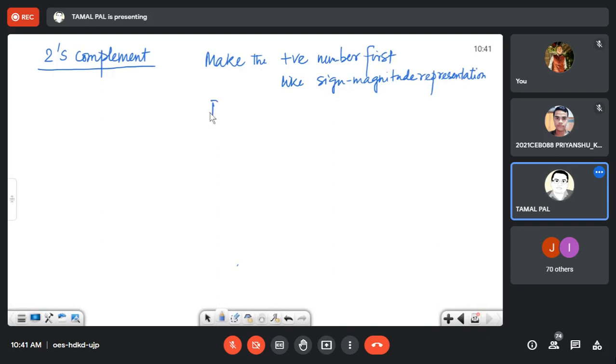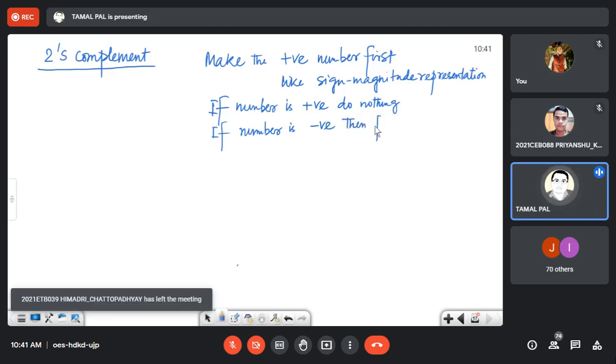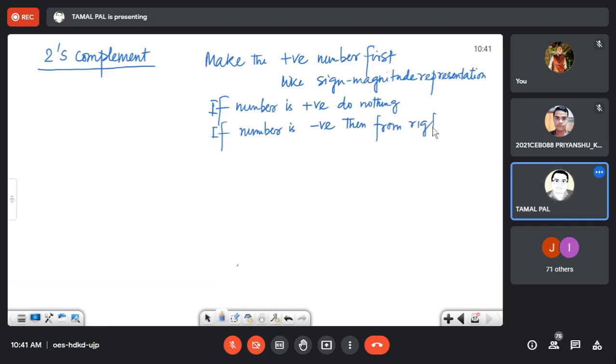If the number is positive, do nothing. Write it first. If the number is negative, then from right, actually I am writing this because LSB is a very informal term here.